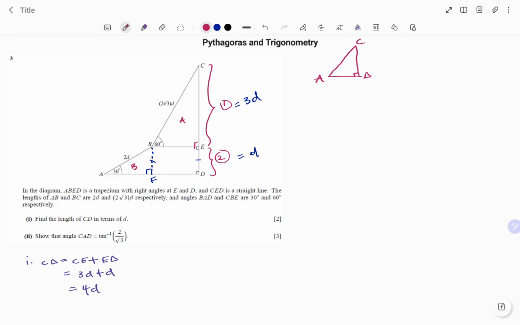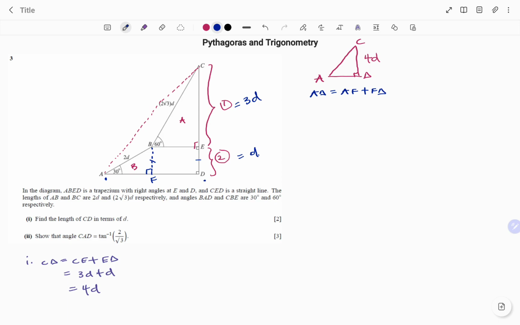What I've done is to link the point A and C to form the big triangle, such that the only parameter I have is my CD, which I was able to calculate as 4D. I'm looking for my AD. I don't know what AD is, but if you check the diagram, the distance AD is equal to the distance AF plus FD.